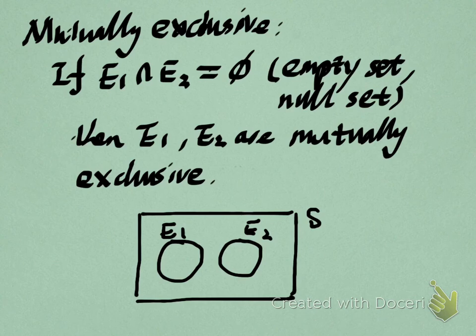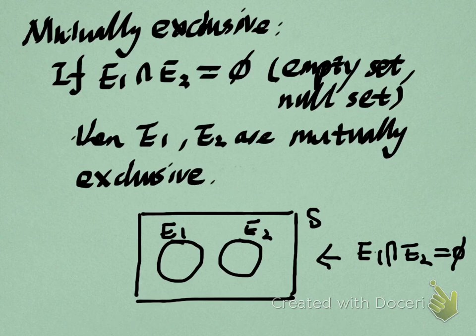So this means E1 intersection E2 is an empty set. An empty set means no area is covered by both of these 2 circles, or if we look at the elements of these 2 sets, they don't share any common items. So this is about mutual exclusivity. That's our topic.